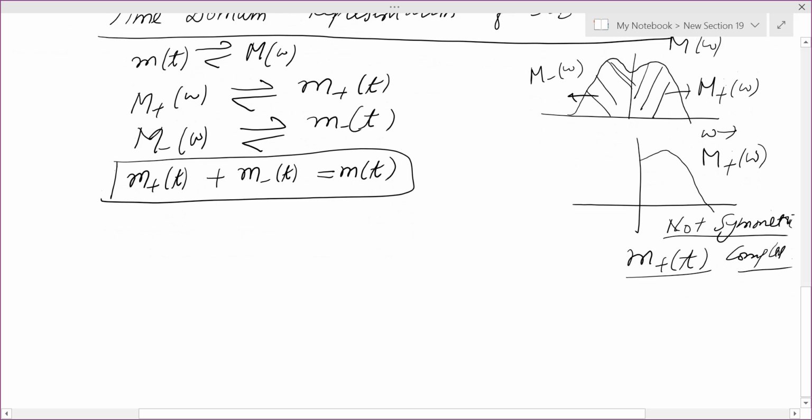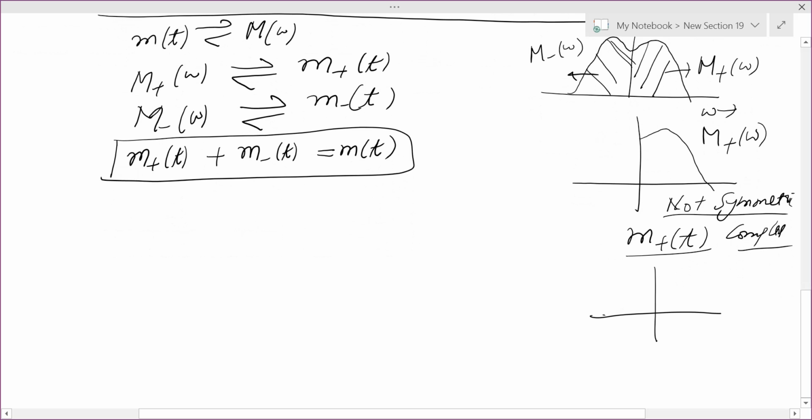Similarly, if you look at the lower sideband, M minus of omega alone, this also is not symmetric, so m minus of t has to be complex. But they are such complex numbers that their sum is equal to m of t, which is real.